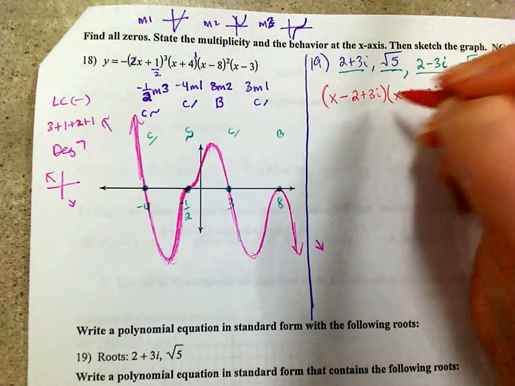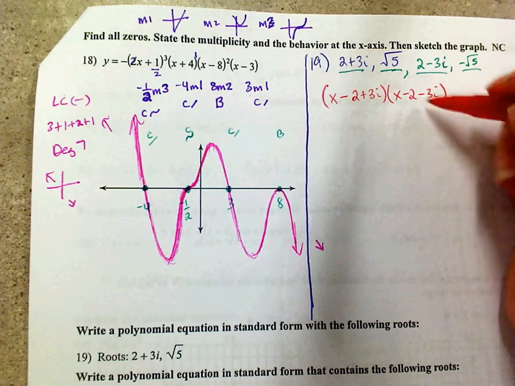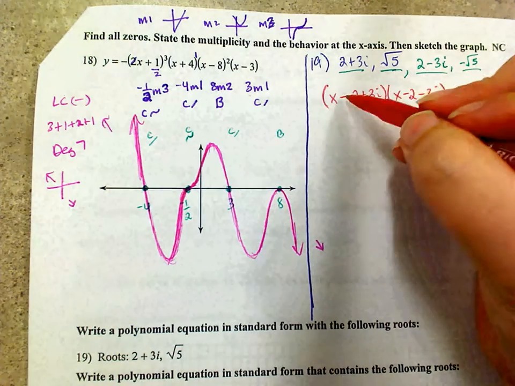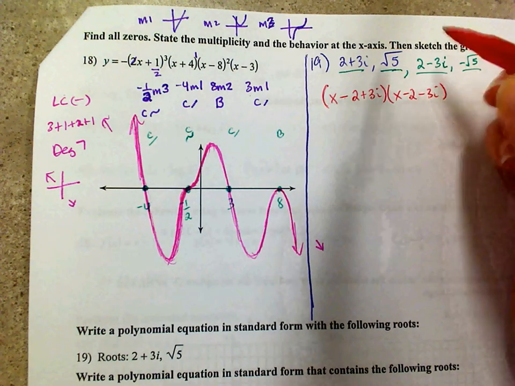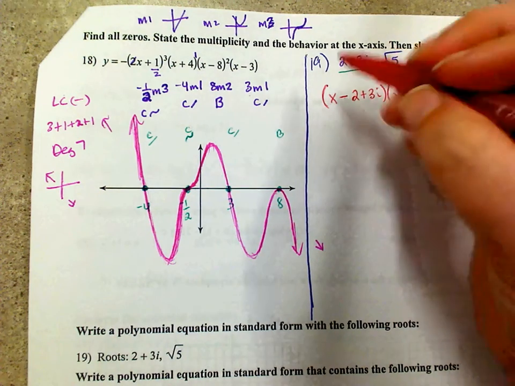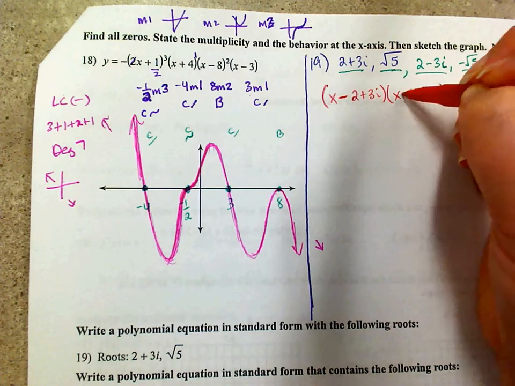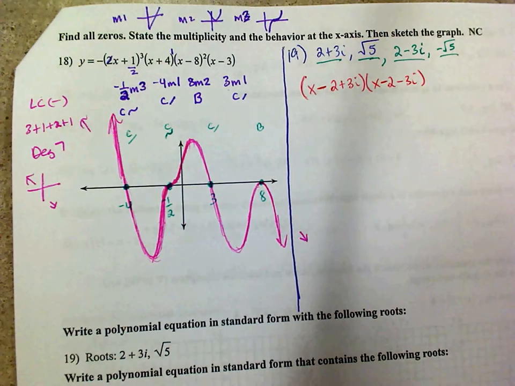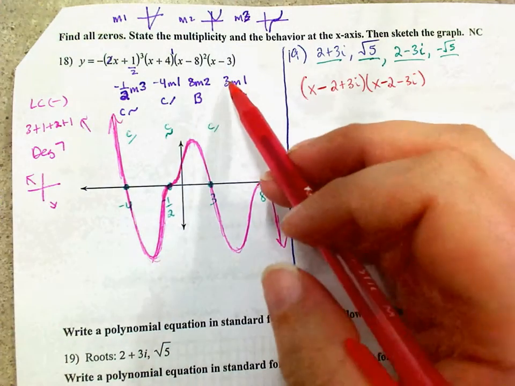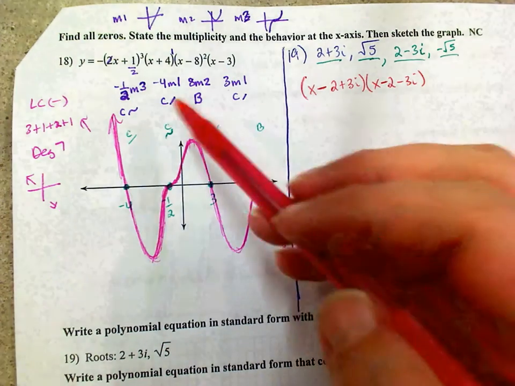Either way, you're going to get one of them with a plus 3i and one with a negative 3i. Whatever the root is, you subtract it. If it ends up being negative, then you subtract the negative and it becomes positive. So what are the other two?